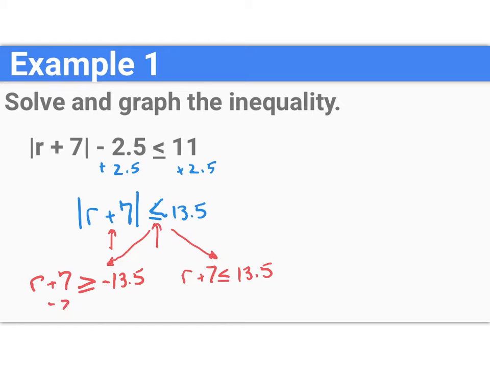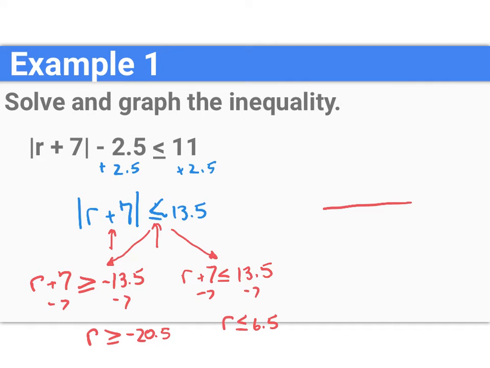So we subtract 7 from both sides, and r is greater than or equal to negative 20.5. We subtract 7 from both sides, and r is less than or equal to 6.5.